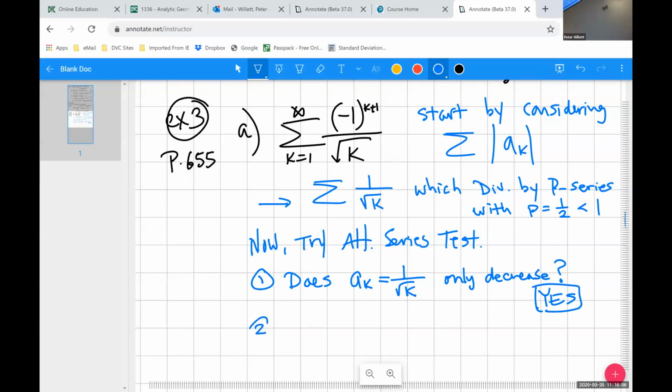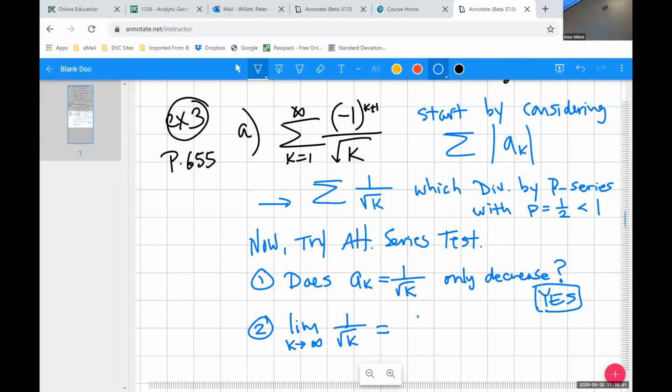So then in part 2, we have to take the limit as k goes to infinity of this term. And what do we think we get here? Wouldn't that be approaching 0 eventually?